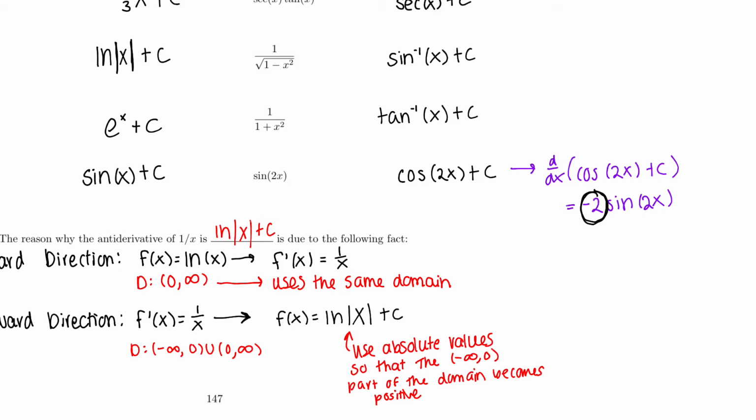I hear a negative 1/2. Yeah, so it would have to be negative because you want the negatives to cancel. We want it to become positive. And then 1/2 would get rid of the 2. So if it were negative 1/2, the 2 would come out, cosine's derivative would become negative, so 2 negatives make a positive. The 2's would cancel. You'd get positive sine 2x.